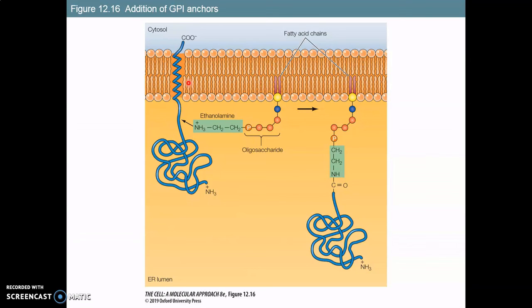So by detaching it from that and instead attaching it to this GPI anchor, what we can do is still keep the protein bound to the membrane. But this is now coupled to a phospholipid, and that phospholipid can be varied.